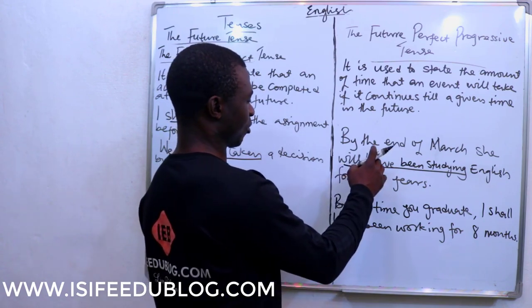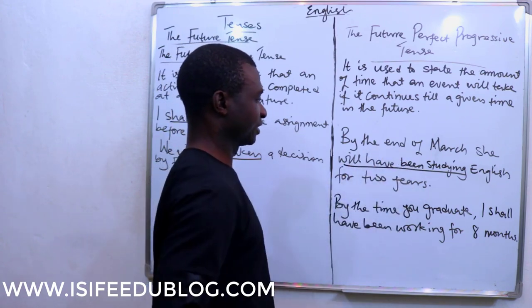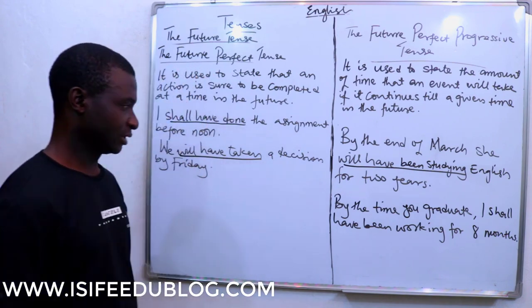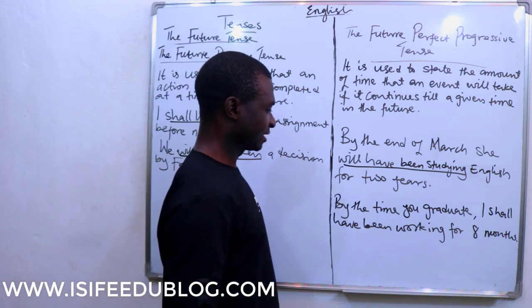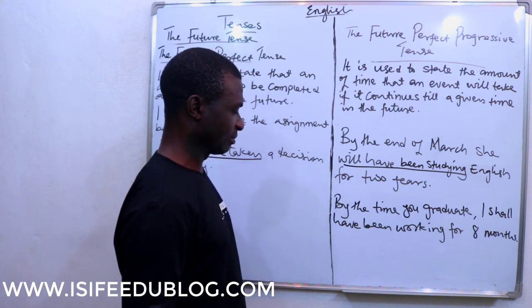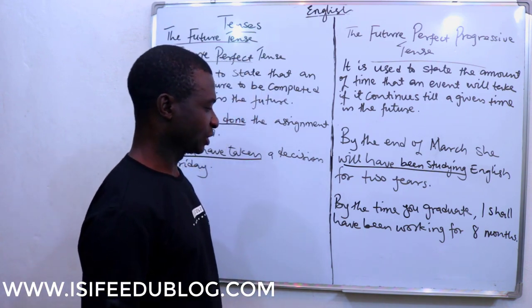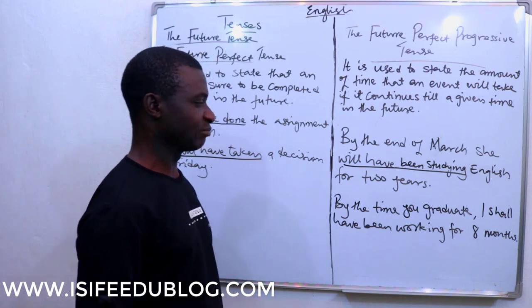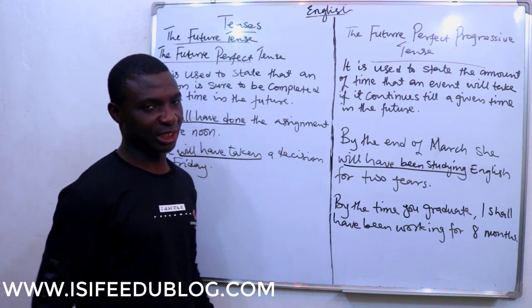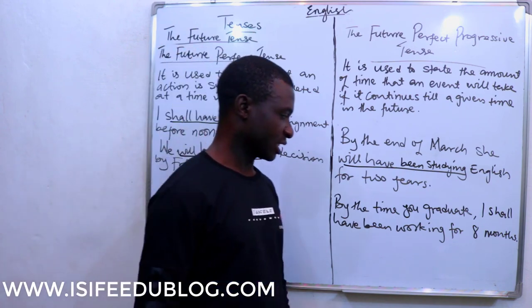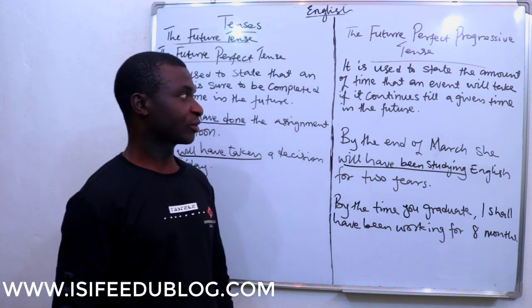Will, 1, have, 2, been, 3, studying, 4. By the time you graduate, I shall have been working for 8 months.